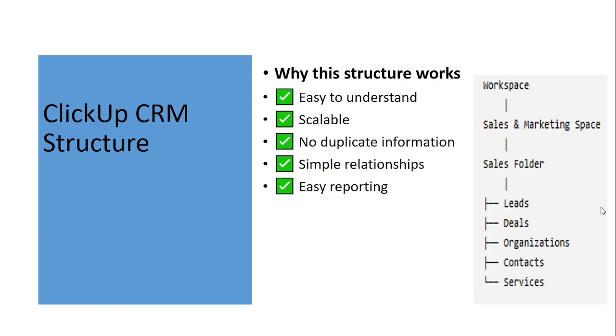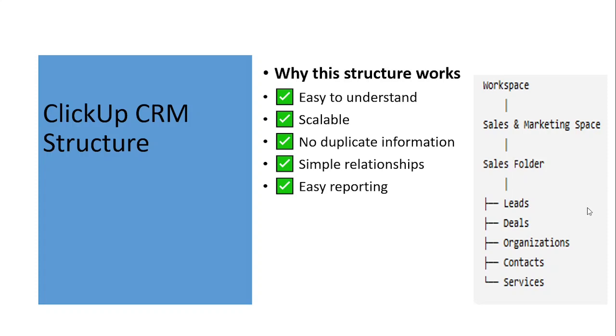Now, let's build the structure inside ClickUp. I recommend creating a dedicated sales folder inside your sales or sales and marketing space. So inside the sales folder, we should have 5 lists: leads, deals, organizations, contacts, and services. We'll be implementing all of this in the ClickUp software shortly.